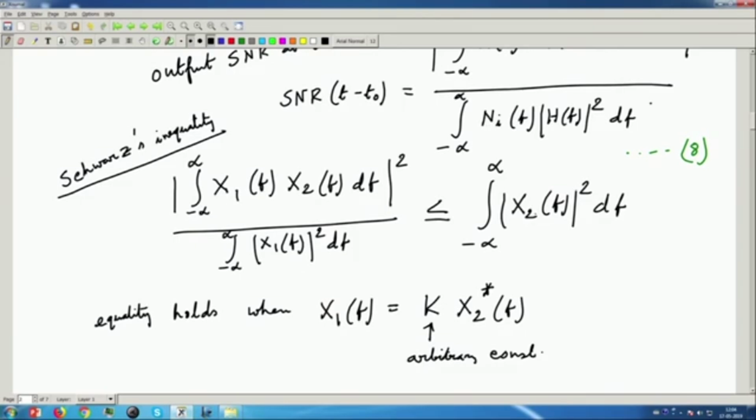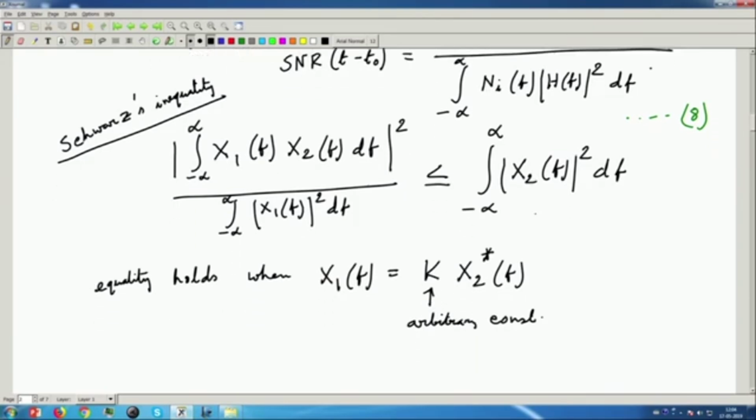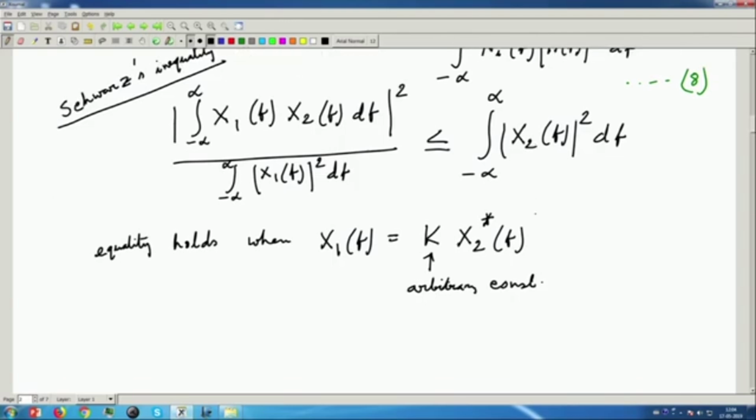We will have to apply this Schwarz inequality in our case.